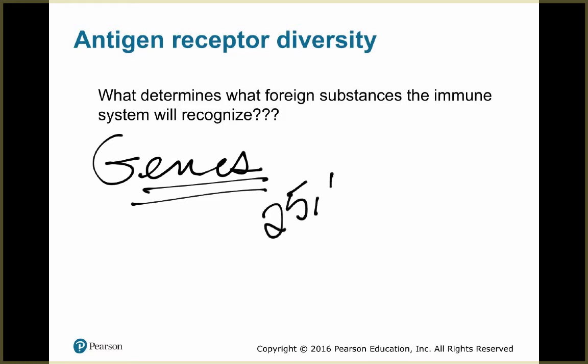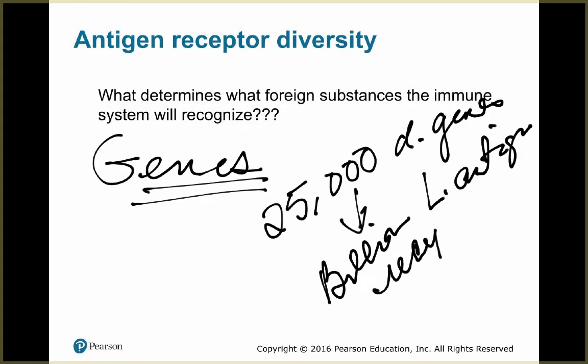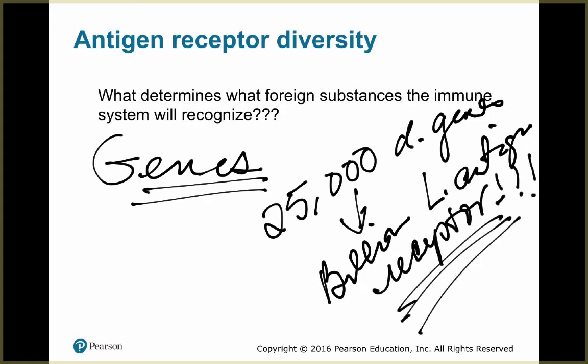So think about that. There is a huge variety of receptors. Gene segments are shuffled around, resulting in a lot of different combinations.